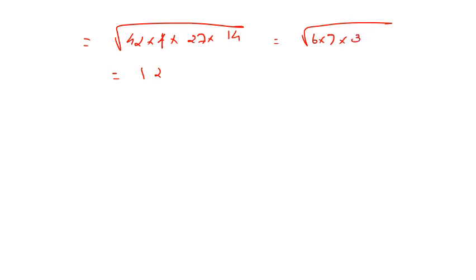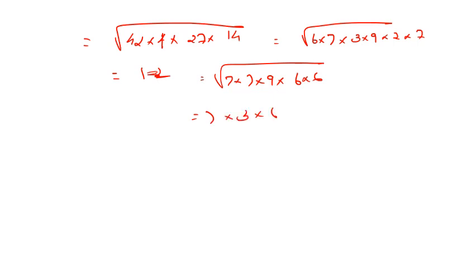This we can write as 3 into 9, 2 into 7. So this is root of 7 into 7 into 9 into 6 into 6. So 7 into 3 into 6. So 7 into 3, 21, 21 into 6, 126 meter square.